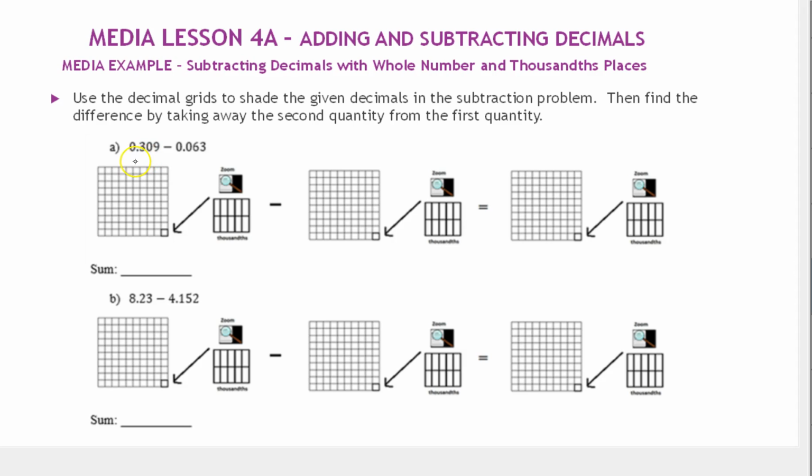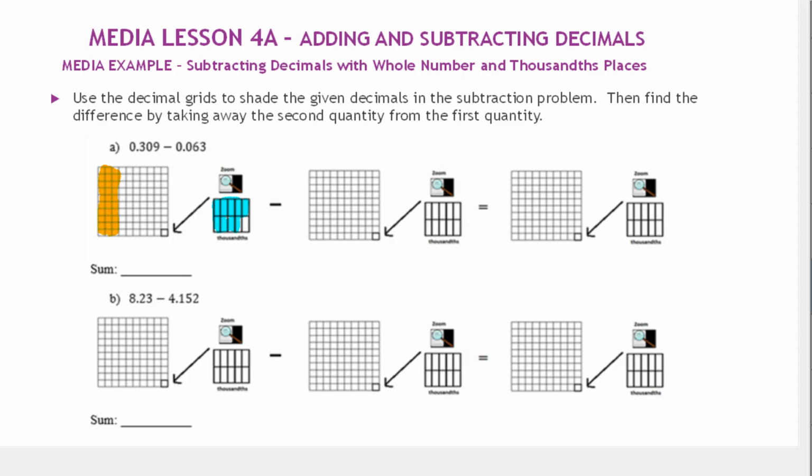We have 309 thousandths, or 3 tenths, 0 hundredths, and 9 thousandths. So we use blue for thousandths. Now the number we're subtracting is 0.063, or 63 thousandths.